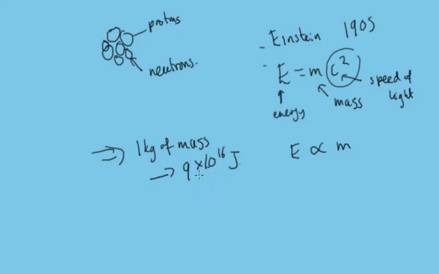And once this understanding became known, the race was on to unlock this energy potential within atoms, so that we could generate energy that would be beyond our wildest dreams. The unlocking of this is the key to unlocking our energy needs.